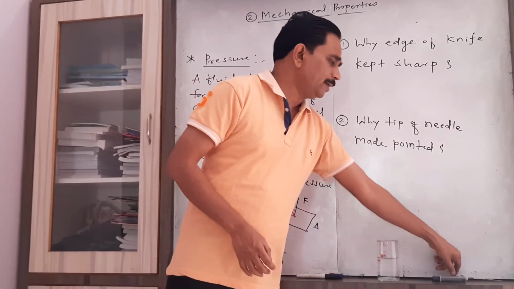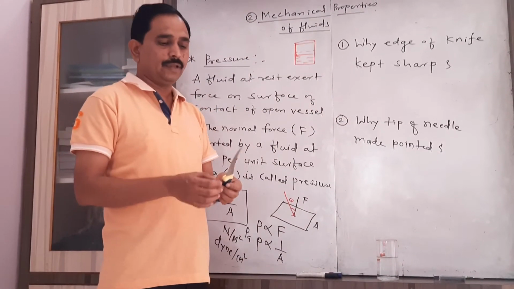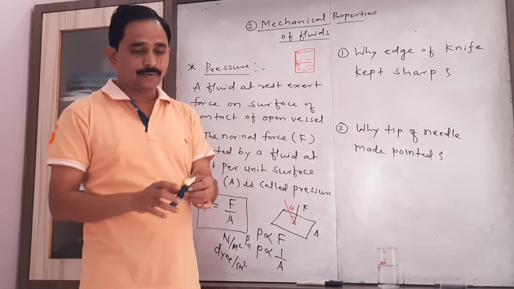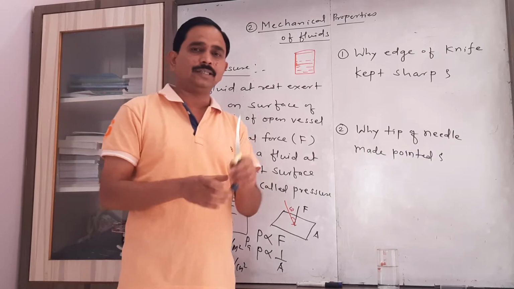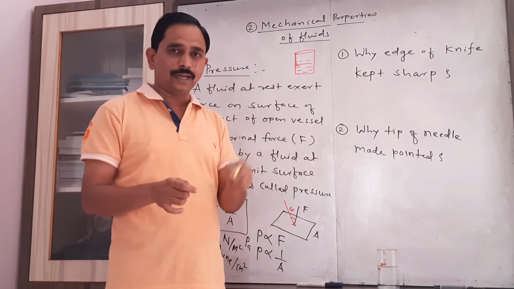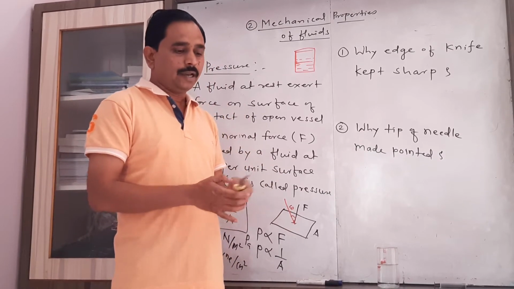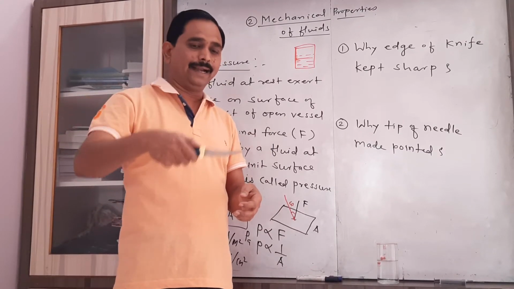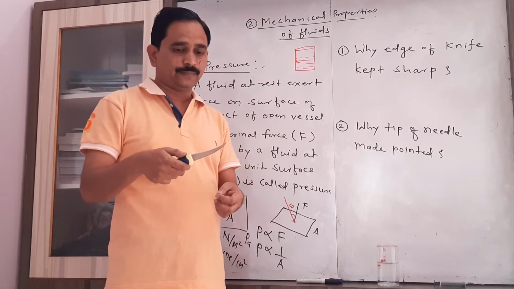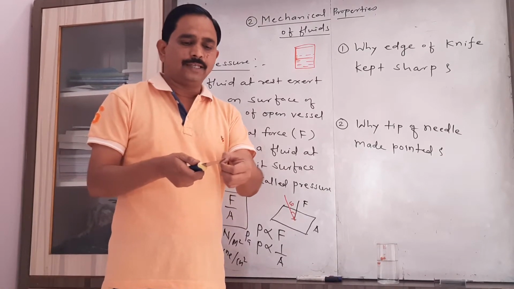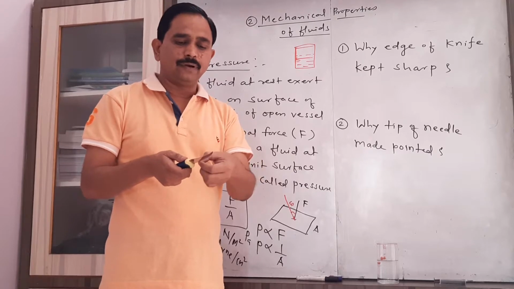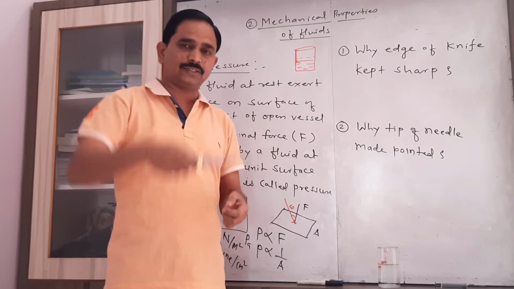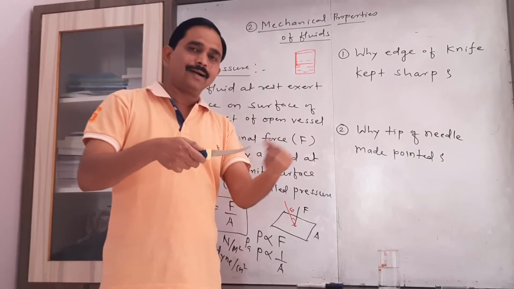All of you know the use of a knife, so why is the edge of the knife sharp? The function of the knife is just to cut fruit as well as vegetables. When we hold this knife in our hand and apply force, if the edge of the knife is rough and thick, not sharp, then whatever force we apply acts on a greater area.